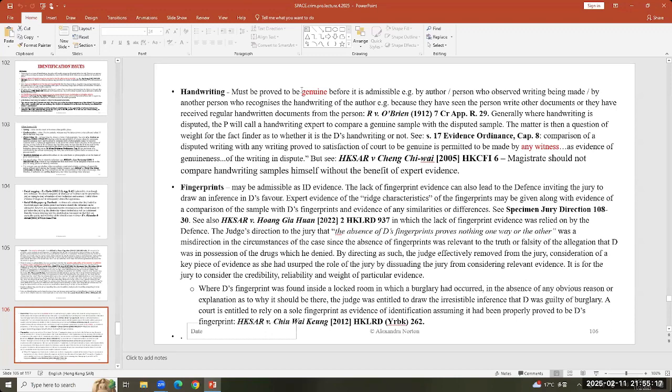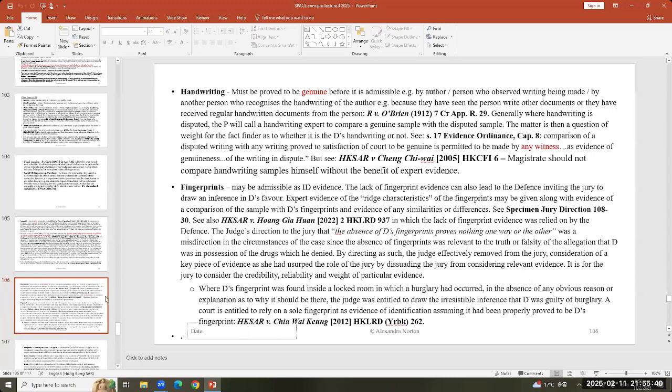He was at that particular place to take drugs. He wasn't involved in the trafficking operation. And so the lack of fingerprints on the drug packaging was used by the defense to show that he wasn't involved in the drug trafficking. So lack of fingerprints on crucial equipment or exhibits can also be relied on.